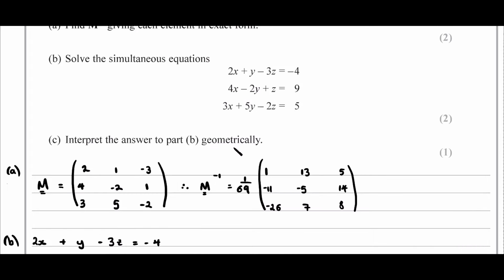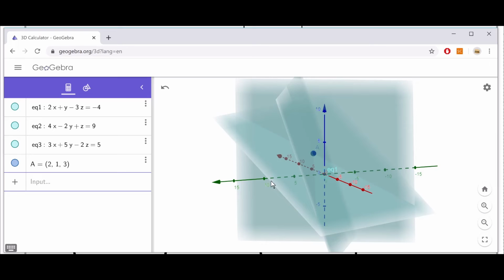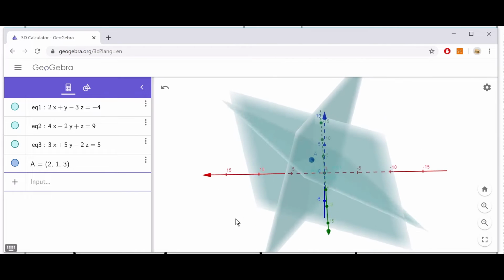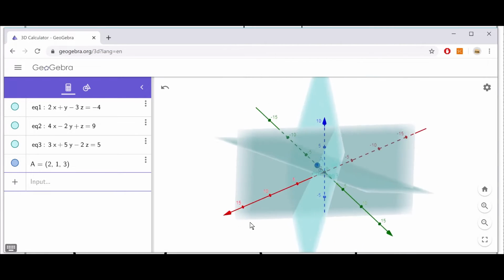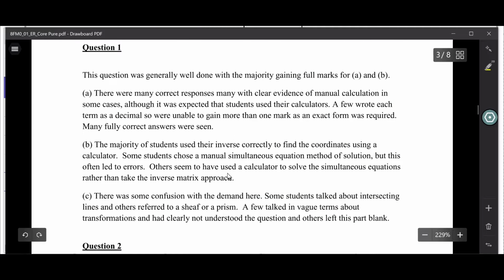Essentially, the question's talking about the point in which 3 planes are meeting, and we saw that over here. Okay? So that is essentially some of the things that you should be looking out for in this question.